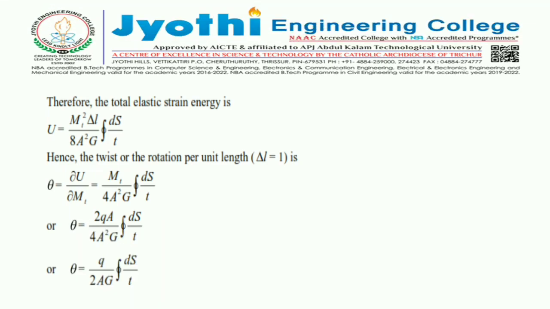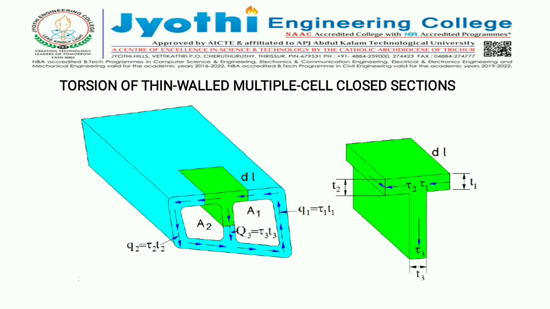Next, torsion of thin-walled multiple sections. In this case, consider a two-cell section. Let A1 be the area of cell 1 and A2 be the area of cell 2.